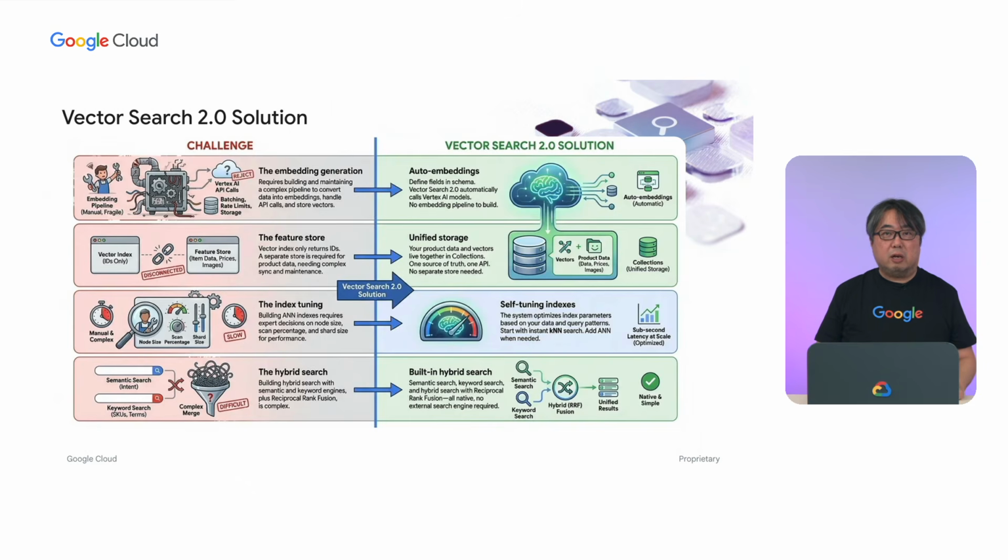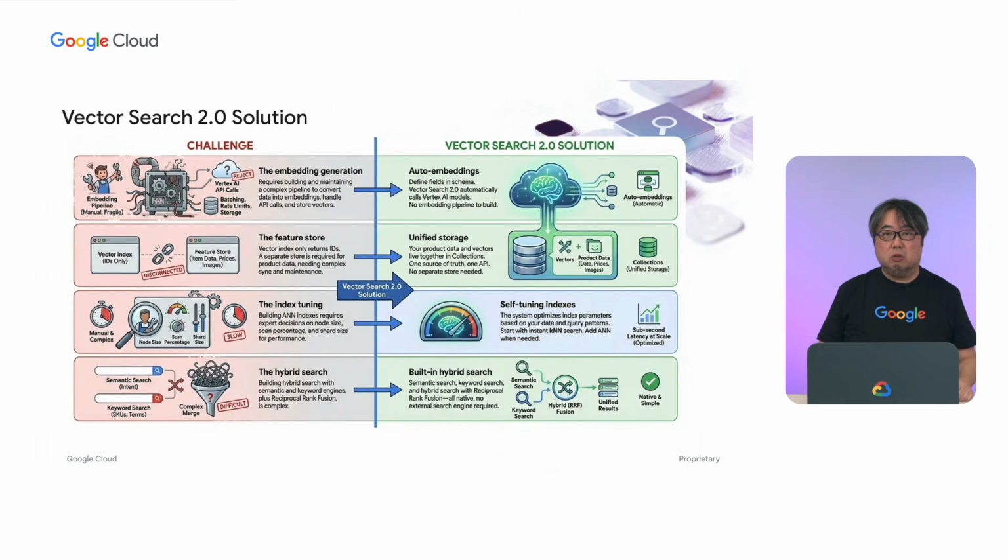Second, you have to handle the feature set by yourself. With the previous version of vector search, all you get with the search result is the list of IDs. That means you have to set up your key-value store or feature store that converts the IDs into the item fields like product names or pricing or categories.